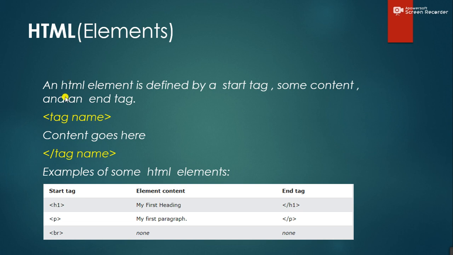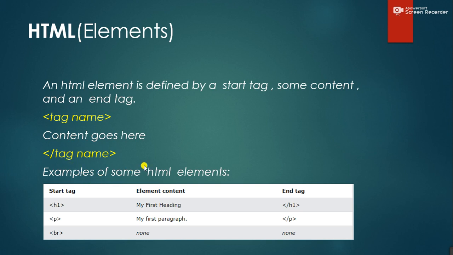You can see in yellow text, this is the start tag. In white text, content goes here, meaning content would be placed here, and after that, again yellow text, this is the end tag, the end of the element.